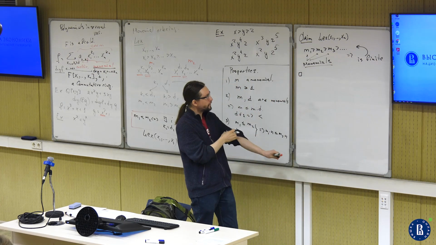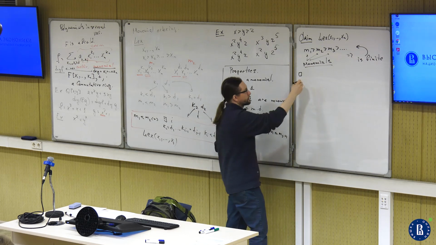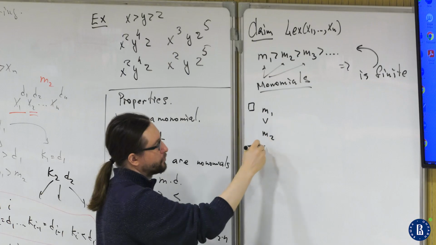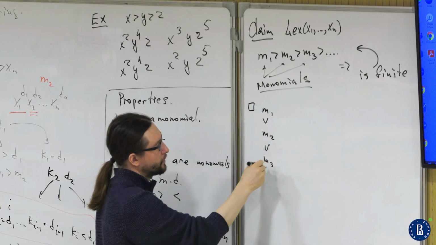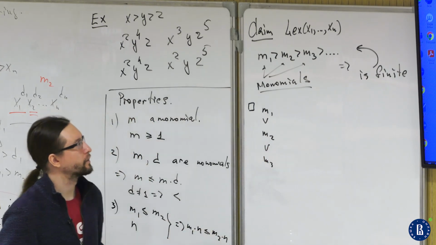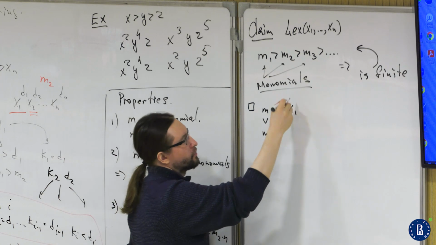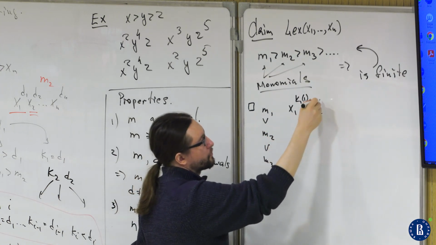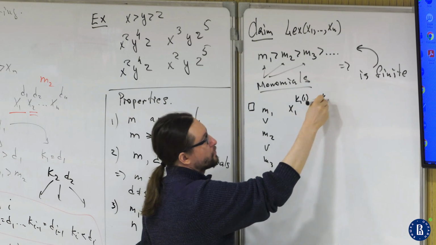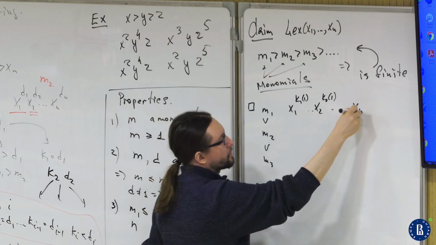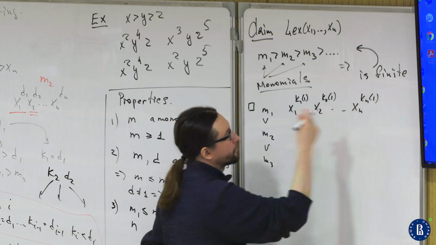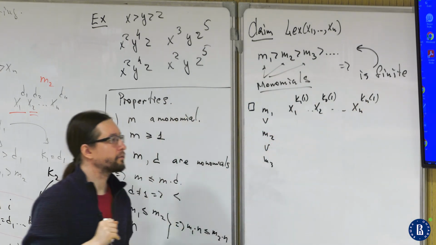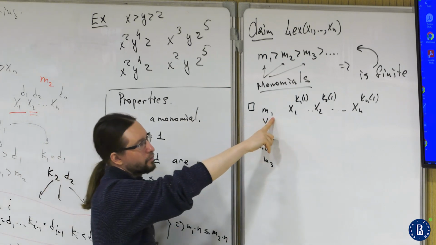Let's take a look at our sequence. Let's say we have m1 strictly greater than m2, which is strictly greater than m3, and so on. So m1 must be x1 to the power of k1(1), x2 to the power of k2(1), etc., xn to the power of kn(1). Here the index in parentheses means the index of the monomial.